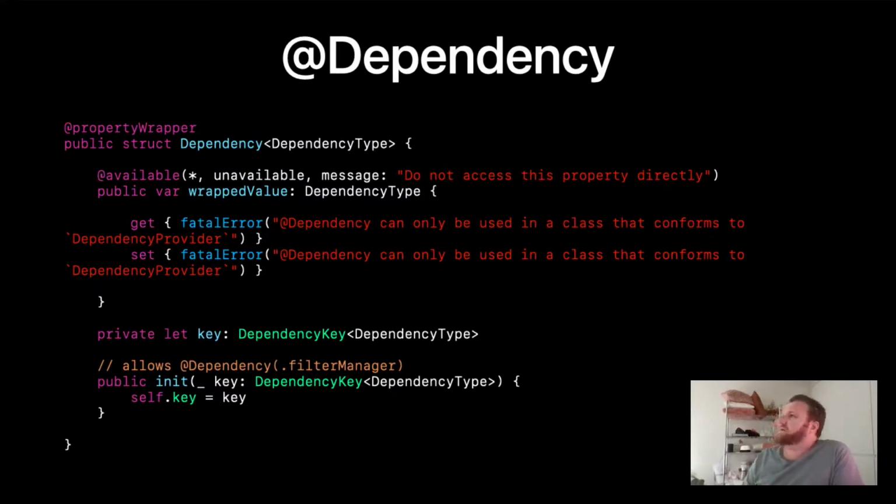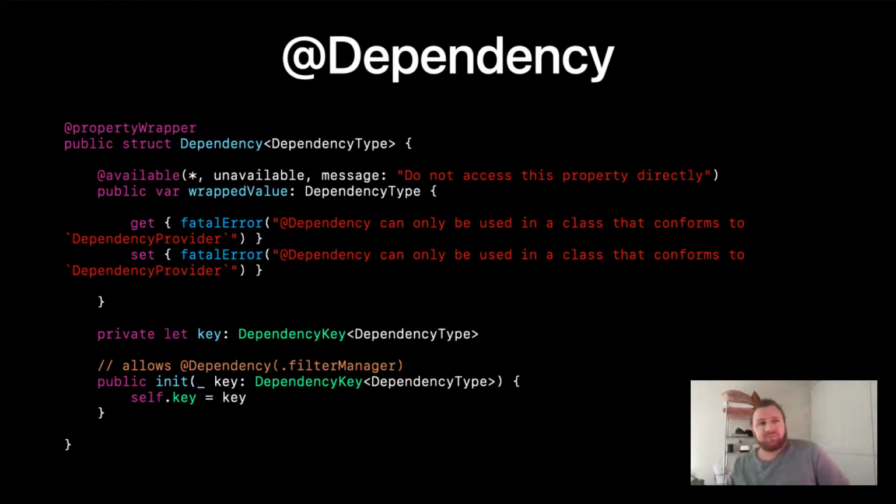But yeah, the other two parts that we have to this then are we need the dependency keys, and then we initialize the property wrapper with that dependency. So again, let's say file manager. My apologies for my terrible code. Unfortunately, when you type code into slides, Keynote is not a very good compiler.